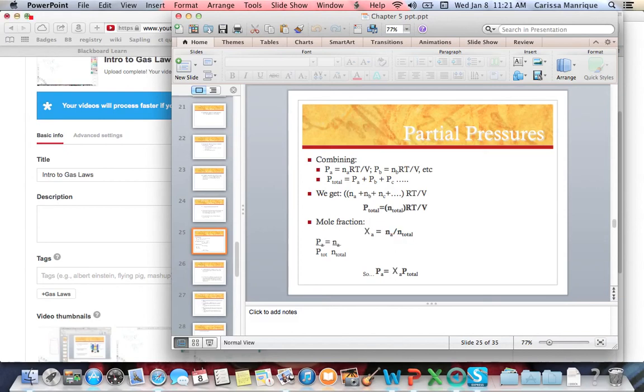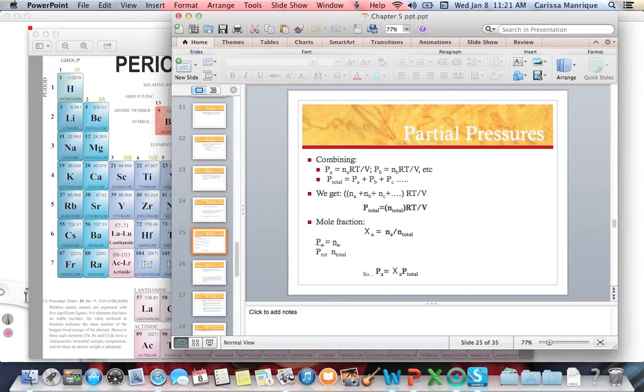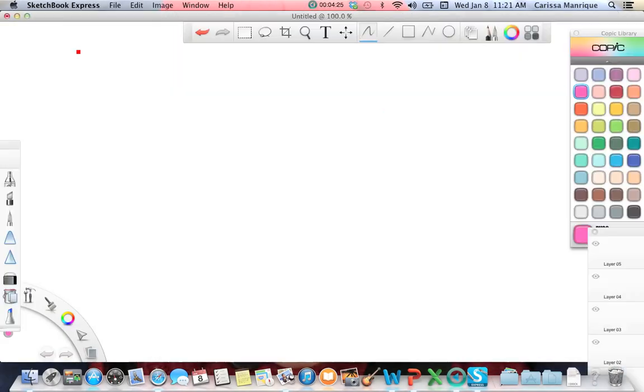So let's think about what that means. The mole fraction equals the moles of the substance, let's say moles of hydrogen, over the moles of the total. And that gives you the fraction.